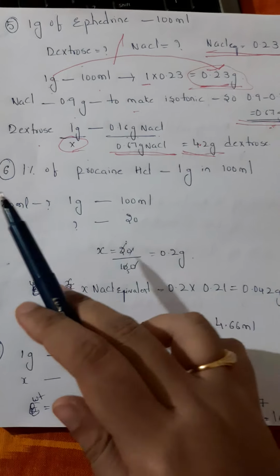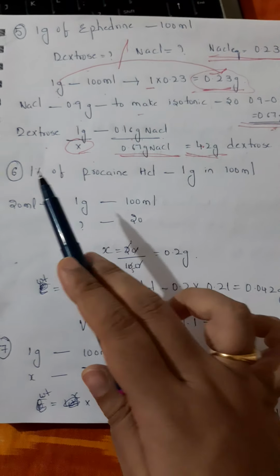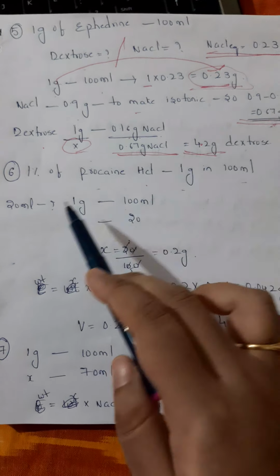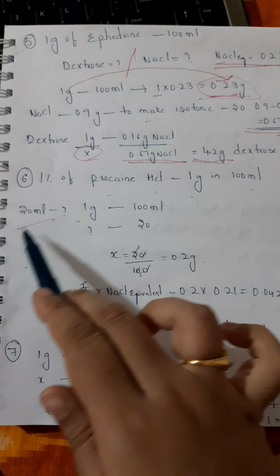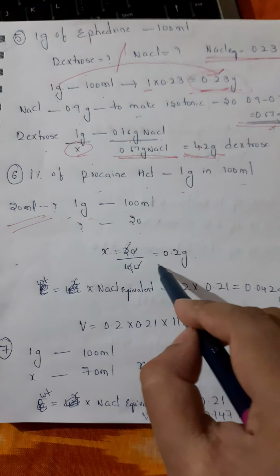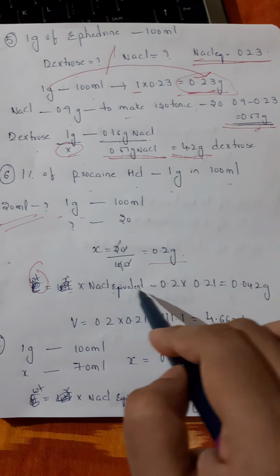Next, sixth problem. Again, this is the White-Vincent method. 1% procaine hydrochloride, 1 gram in 100 ml. I took here 20 ml, so 20 ml consists of 0.2 grams. Here the weight w is equal to x into the sodium chloride equivalent.